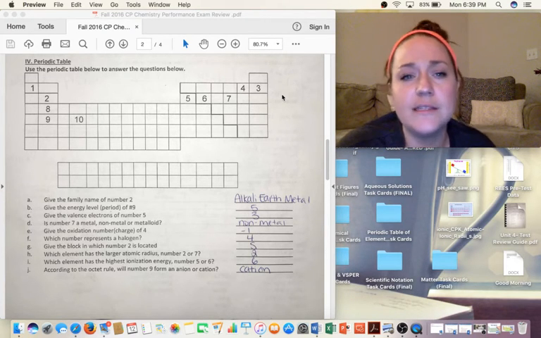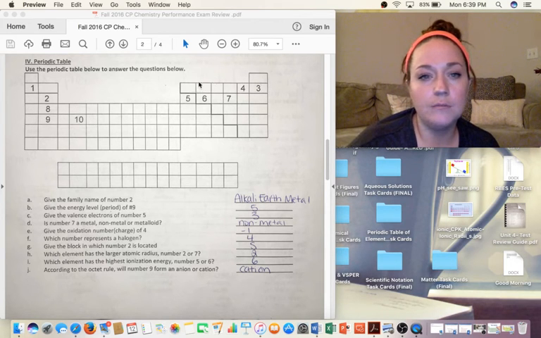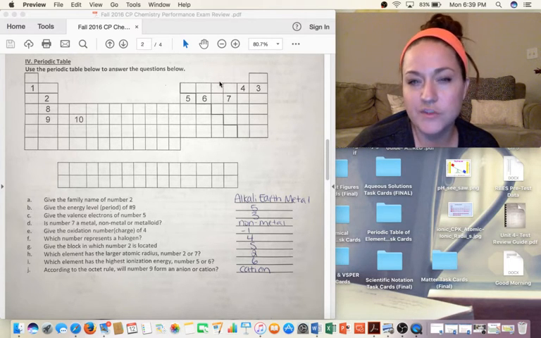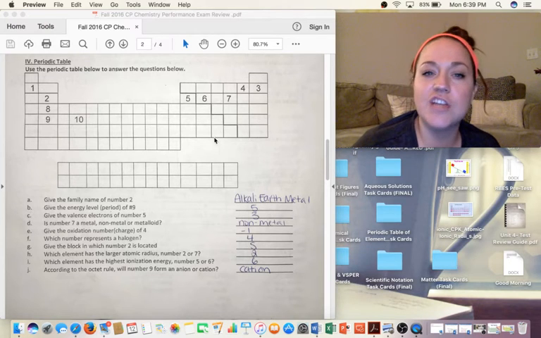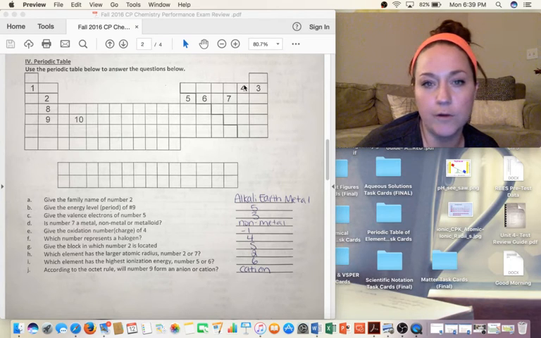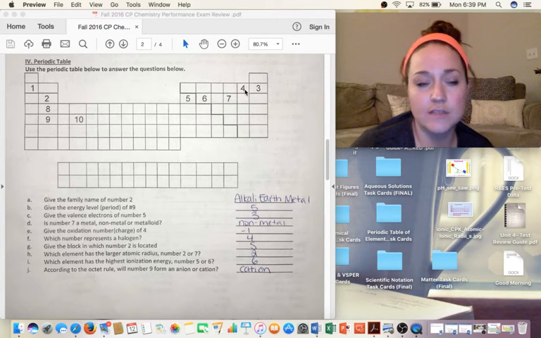He's going to be a positive or negative 4. Group 13, 14, 15. 15 starts going down. So he has 5 valence electrons, and he's going to have a negative 3. Group 16 is going to have a negative 2. And group 17 right here, which has our darling little 4 right there, he's going to have a negative 1 charge because he has 7 valence electrons.